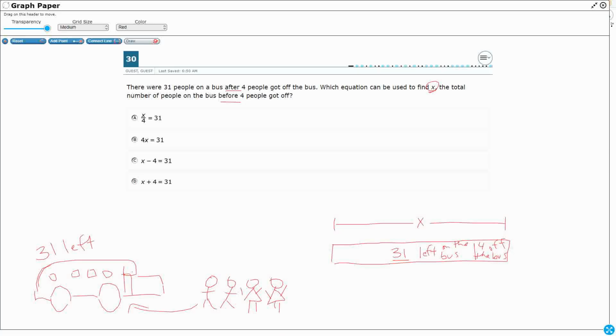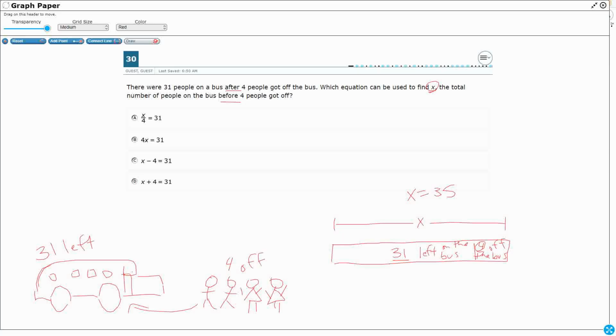So we could use this to show the relationship between the people on the bus after they got off and the people that actually got off the bus, right? 4 people got off. And so if you wanted to, you can say, well, 31 and 4, those are our 2 numbers, right? You can say x equals 35. And that would make sense, right?